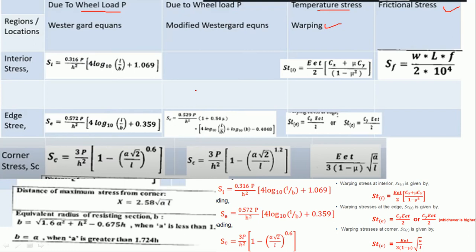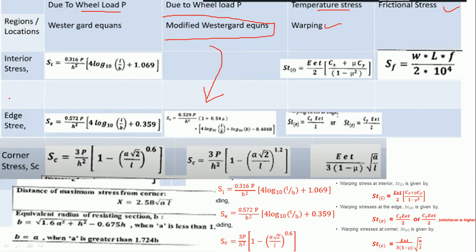And one more thing is the modified Westergaard's equations, which we need to discuss; I can discuss the theory later. Whatever Westergaard's equation has been given for wheel load has been modified with some parameters, and those formulas we consider as the modified Westergaard's equations.